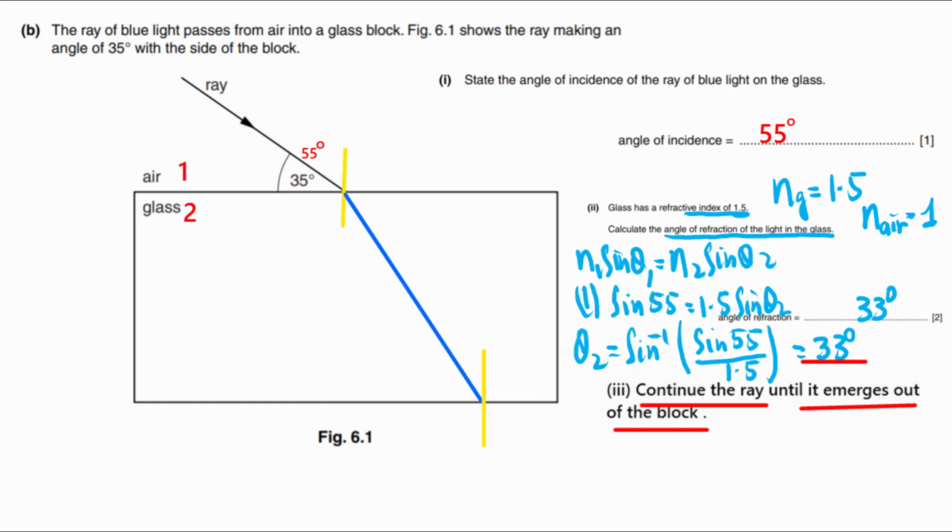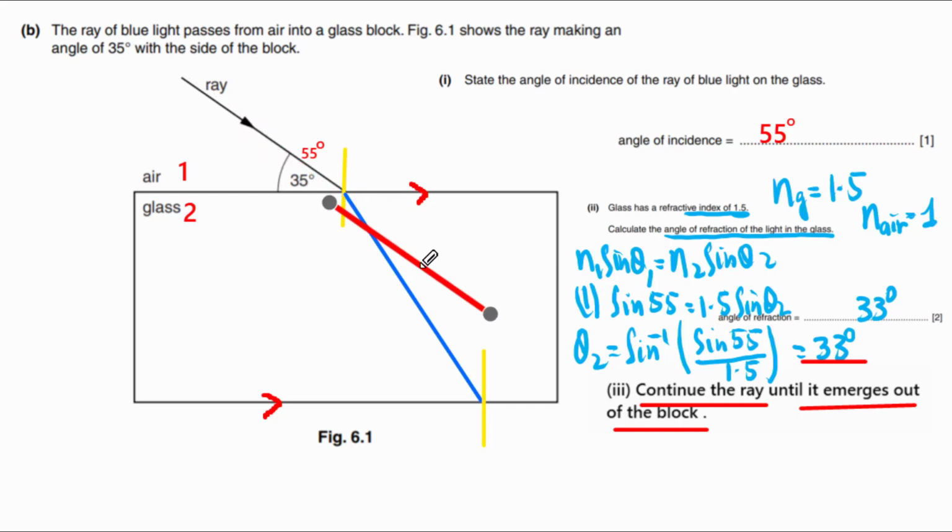We need to understand that this is a rectangular block, and these two sides of the block are parallel. So due to the geometry of the shape, our incident ray, let me use a different color for the incident ray, and the emergent ray have to be parallel.